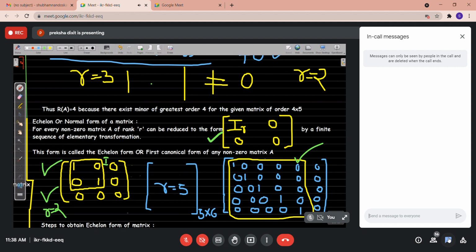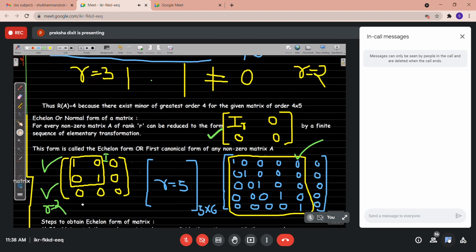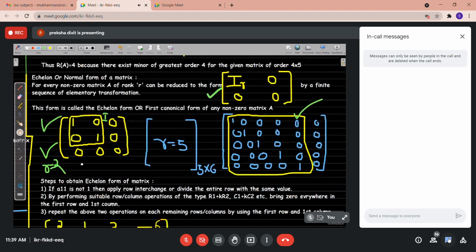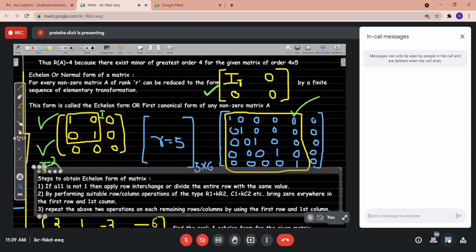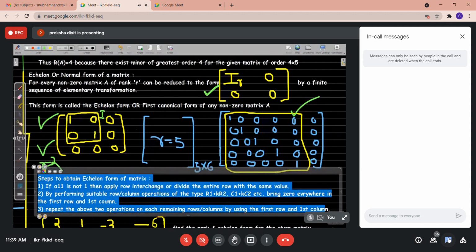Now, to get the echelon form of any matrix, we need to follow a few steps of elementary transformation. Let's go through those steps. Those are three simple steps that we have already performed in the previous topics of finding inverse, when we used the elementary transformation method of finding inverse, or in the topic of using matrices for solving a system of n linear equations as well.